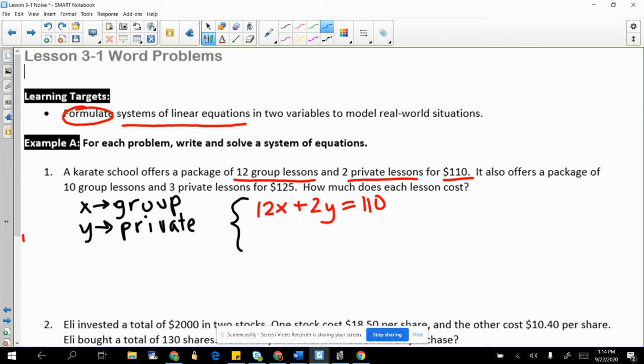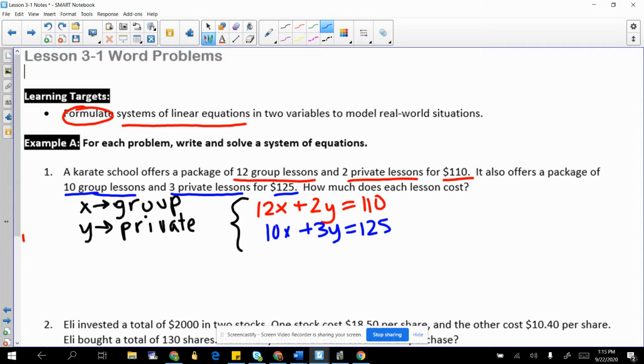Then similarly, the second package offered is 10 group lessons, 3 private lessons for $125. So let's write that as 10x plus 3y equals 125.